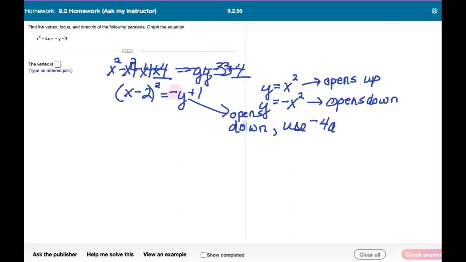So I guess the best bet is just to look at the sign on the variable that's not squared. I hope this helps.